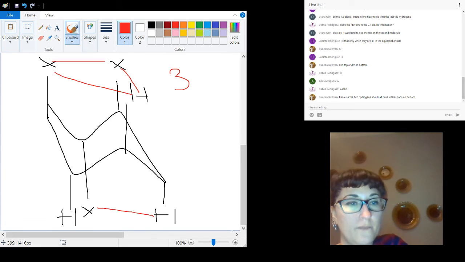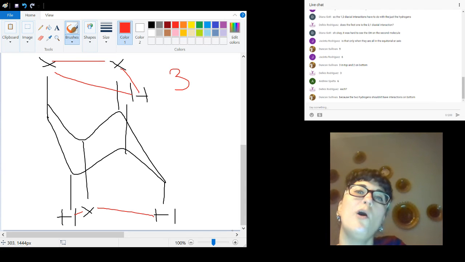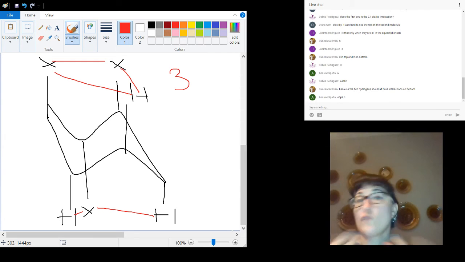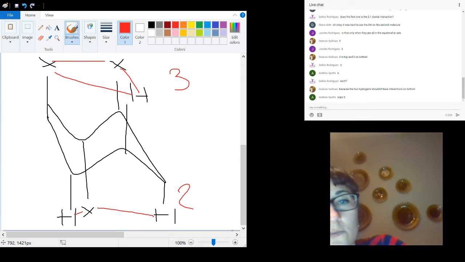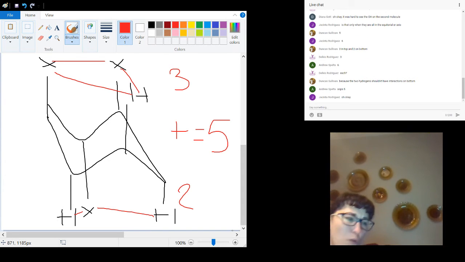So that's 1. The one here at the bottom can interact. That's 2. But the hydrogens can't interact because they're too small. Okay? So we don't count hydrogen-hydrogen interactions. That's why on regular cyclohexane we have 0 1,3 diaxial interactions just by itself. So there's 2 down here. 2 plus 3 equals 5.